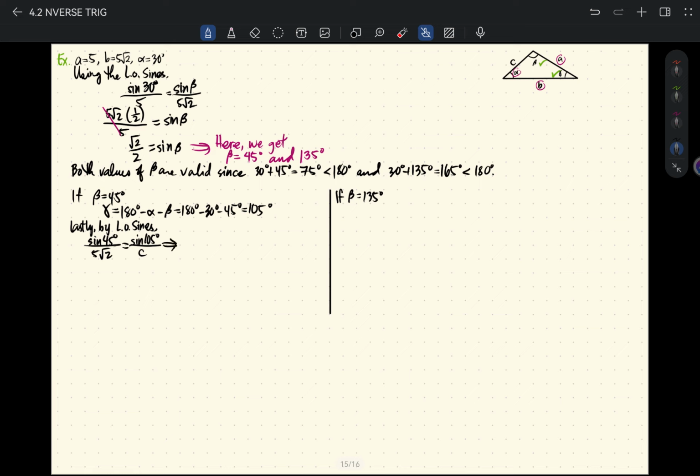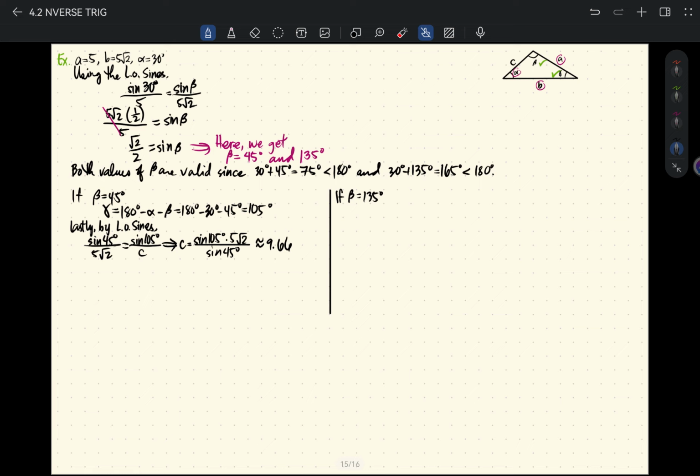And I'll skip a little bit since the video is already quite long. We get here c equals sine of 105 degrees times 5 square root of 2 over sine of 45 degrees, which is approximately 9.66.